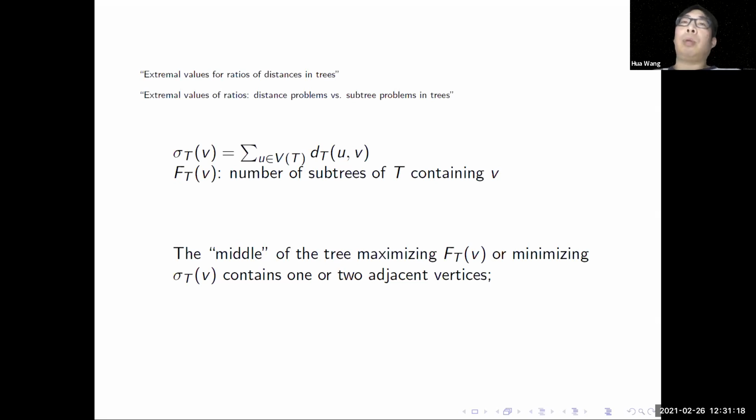But for these two particular invariants, the middle part of the graph usually maximizes the number of subtrees and minimizes the total distance from it, which is intuitively clear, because if you think of a star, the middle part is obviously the center of the star, which is contained in the most subtrees. And also the distance from the center to everything else is minimized. So it's a center.